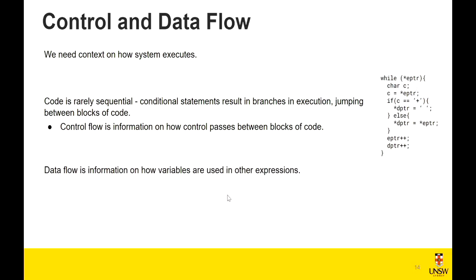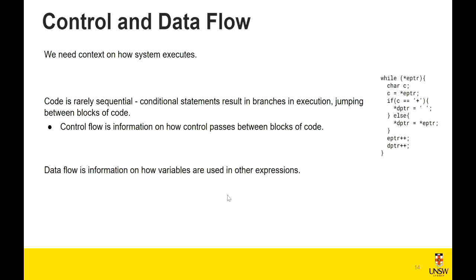And another important concept is called data flow. Data flow is how information of different variables is used in other expressions. But in this course, we are more concerned about control flow, because there's another course covering data flow analysis, and that course is 6323.